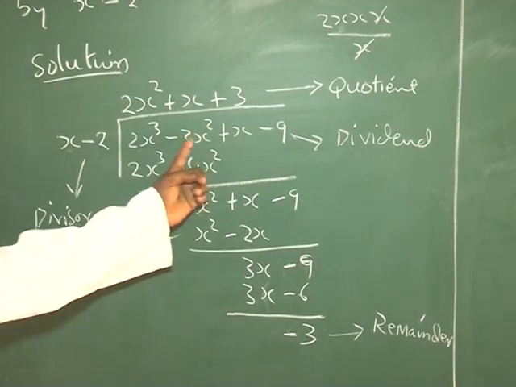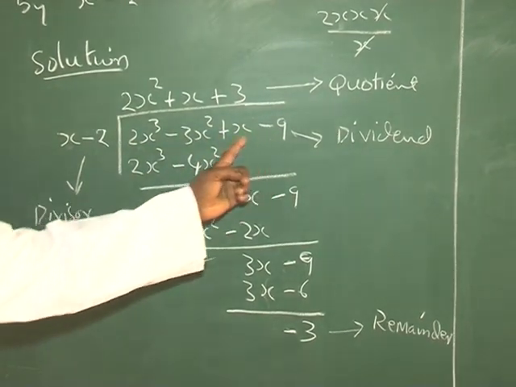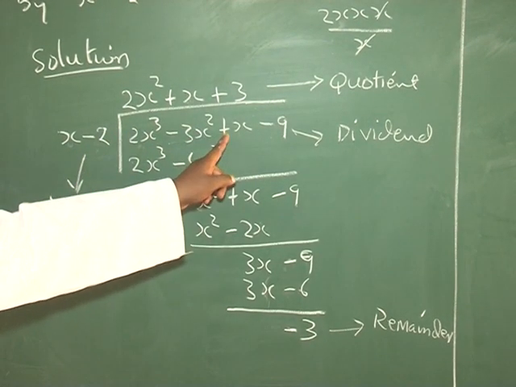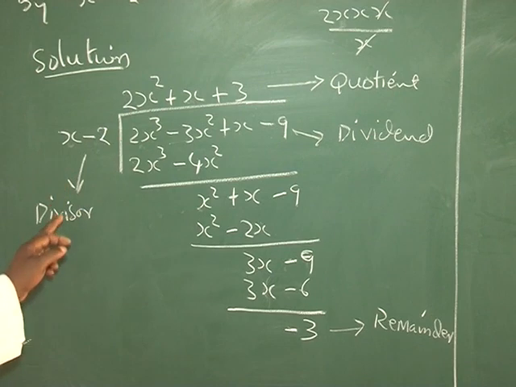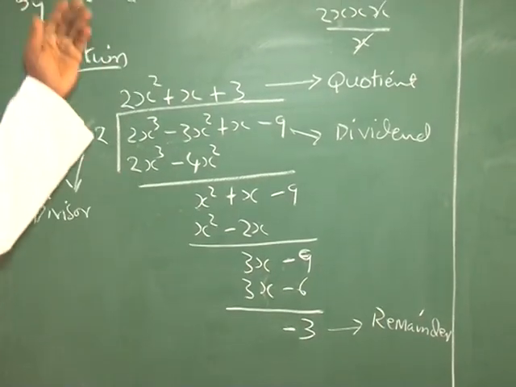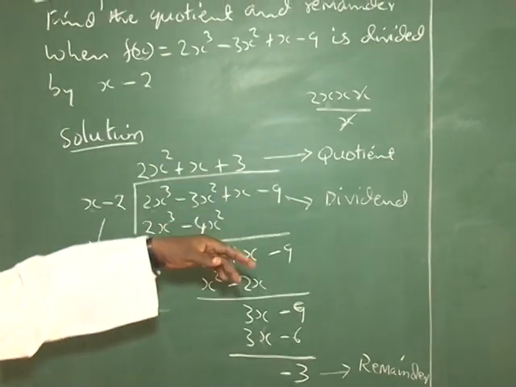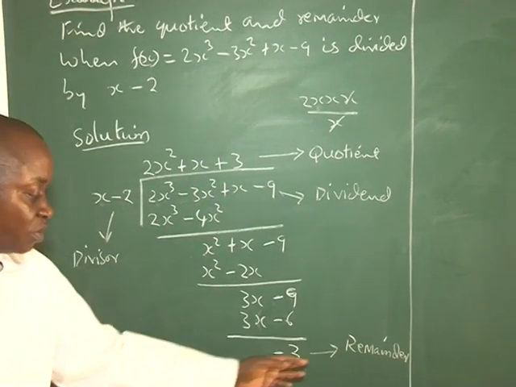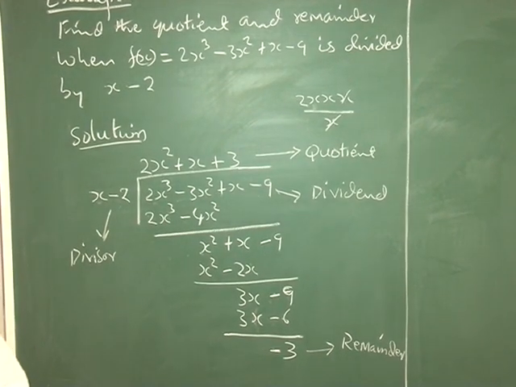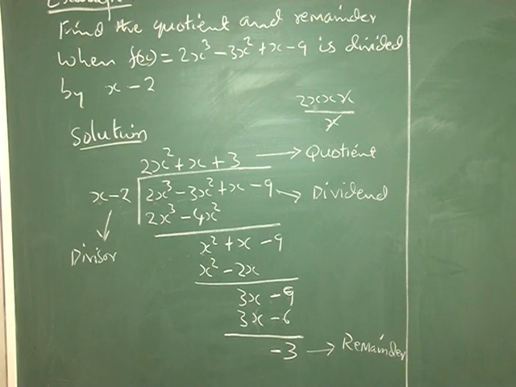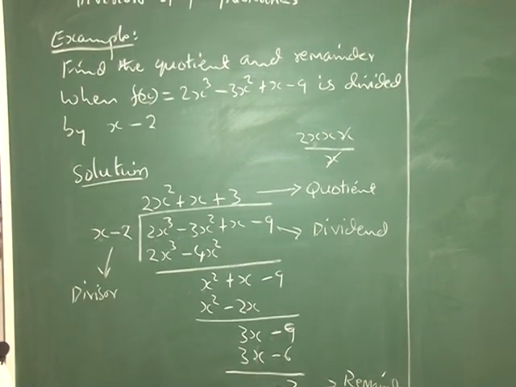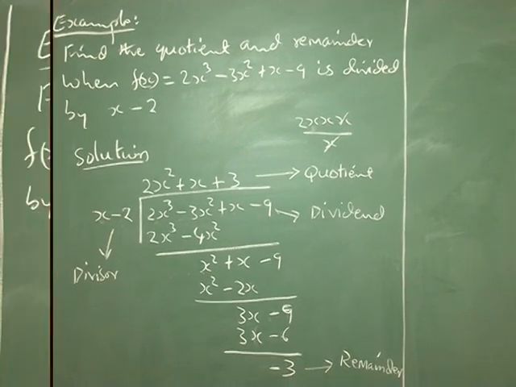This particular expression that we are dividing by x minus 2 is the dividend, this is the quotient, this is the divisor, and this is the remainder. So the question is find the quotient and the remainder. Now this is the quotient, this is the remainder. The remainder is minus 3. Sorry, it's minus 3. So we are going to take another example.